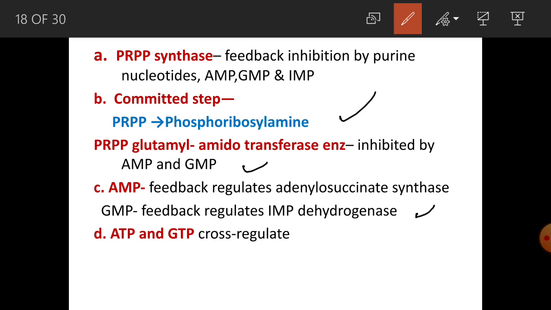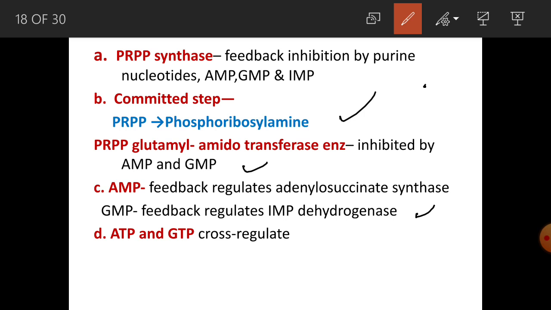Repeating again, PRPP synthase is feedback inhibited by purine nucleotides, the end products AMP, GMP and IMP, the intermediary products as well. Then the committed step enzyme, the second step, PRPP glutamyl aminotransferase enzyme is inhibited by AMP and GMP also.